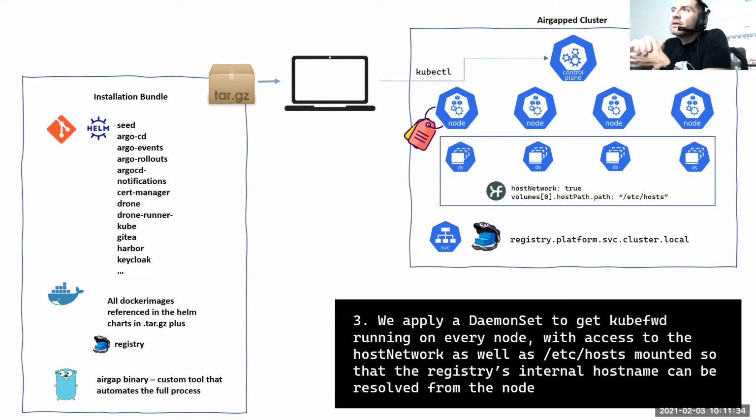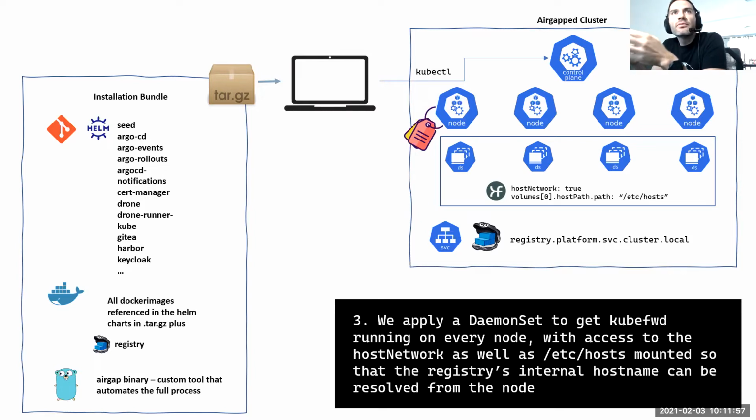And the next thing that we do is we use this tool called kube forward. So kube forward basically exposes the services in the cluster to the node. Now it does that in a relatively hacky way. First of all, we run it as a daemon set, right?